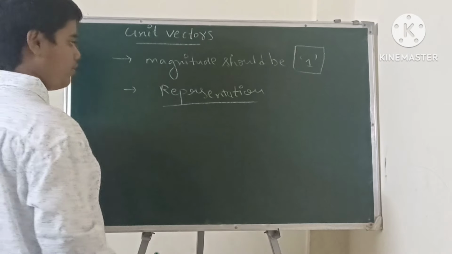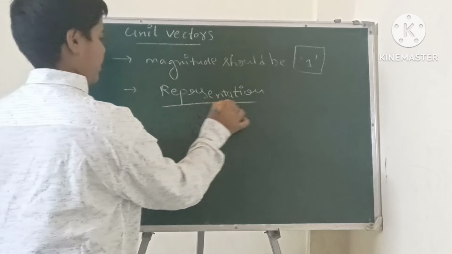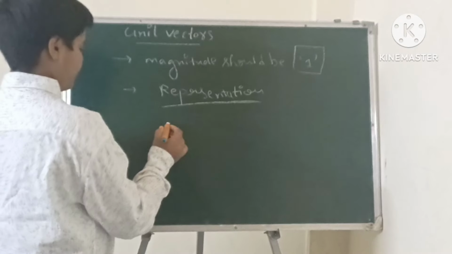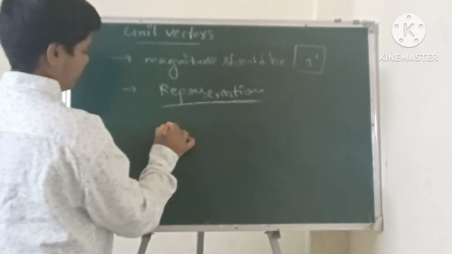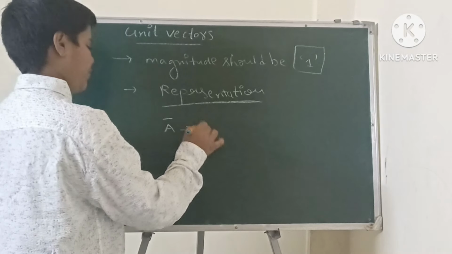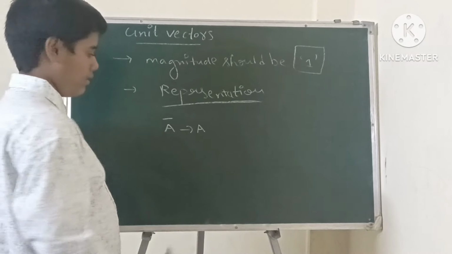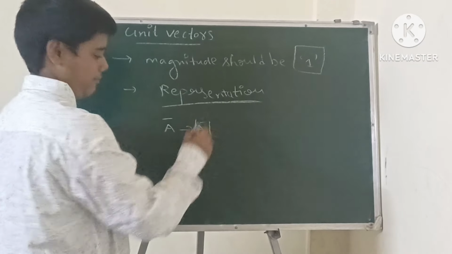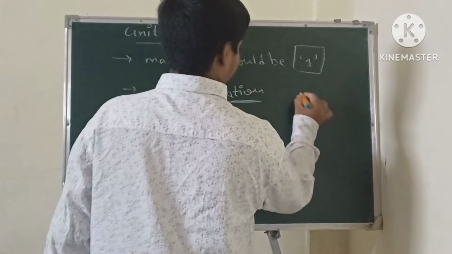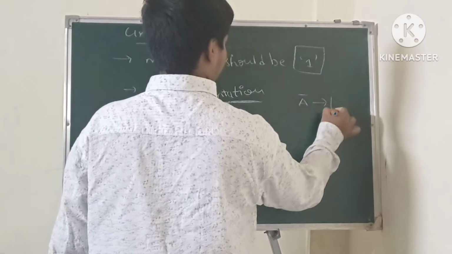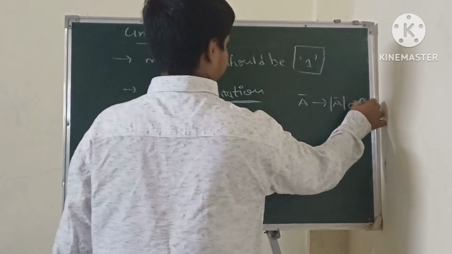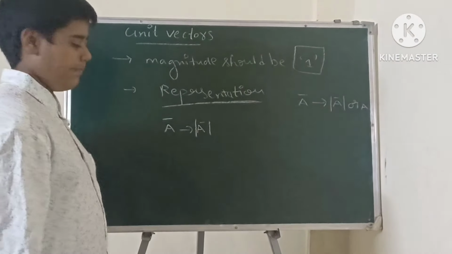Okay. So representation. How will we represent unit vectors? For example, here I am taking A bar as a vector and it has magnitude A or mod A. We learned that if A bar is a vector, it has magnitude mod A or A. Okay.